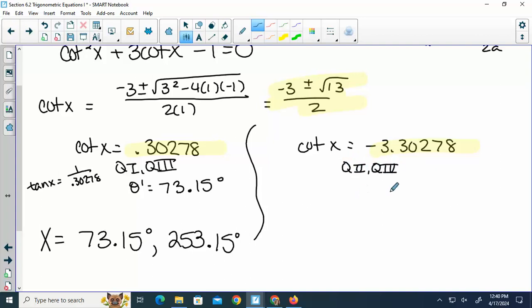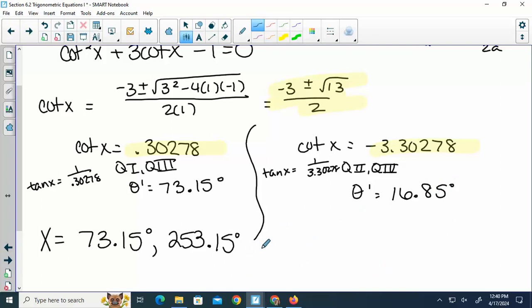To get our reference angle, we have to think that means tangent is 1 over, but we never do the negative. So we do tangent inverse of 1 over positive 3.30278. Okay, and we could keep more decimals if we wanted.